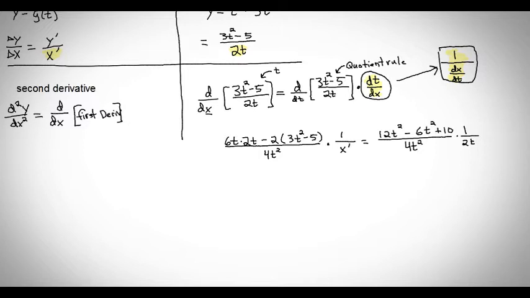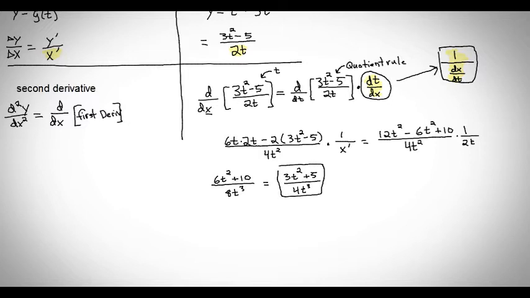And we can simplify that even further. 12t squared minus 6t squared is 6t squared plus 10, over, multiplying the denominators, 8t to the third. If you wanted to simplify that even further, you can divide everything by 2 and get 3t squared plus 5 over 4t cubed, which would be our second derivative. Our second derivative right there.